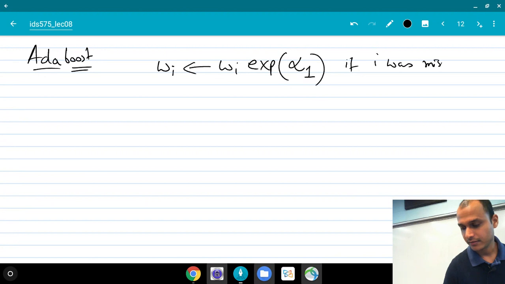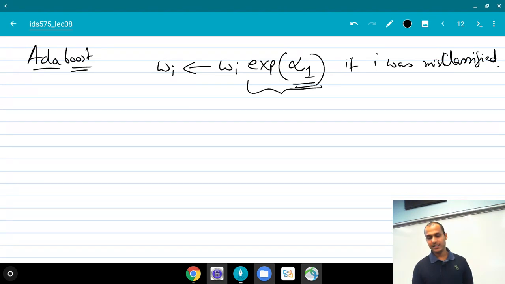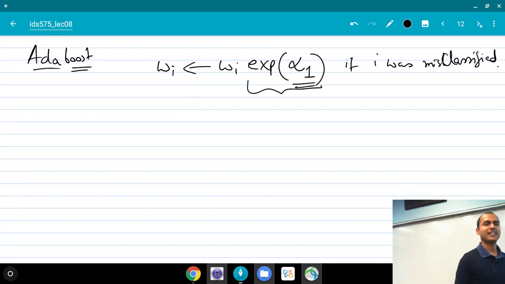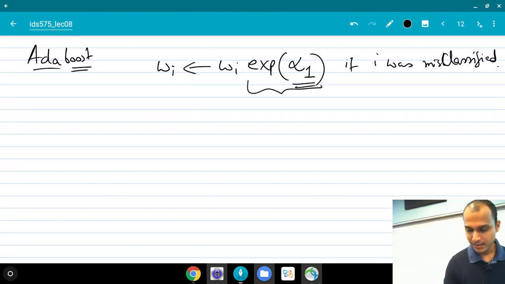If I was misclassified, the reason for this multiplication factor is that e to the power 0 is 1, right? E to the power of any other positive number is bigger than 1, right?